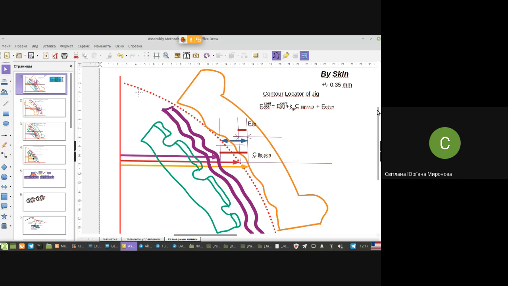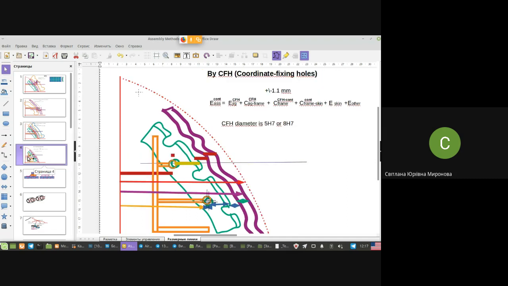And you should understand that in real life, some things that in your bachelor work you're assembling in a jig are really not assembled in a jig by contour methods. Either they are assembled by holes or at least by the CFH technique. Panels, for instance, are most typically assembled like this, especially in the middle section of the fuselage. But at the next stage of assembling, they are compulsorily finalized with more accurate techniques.